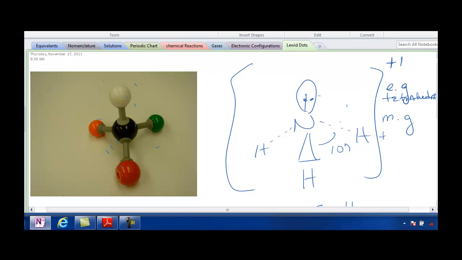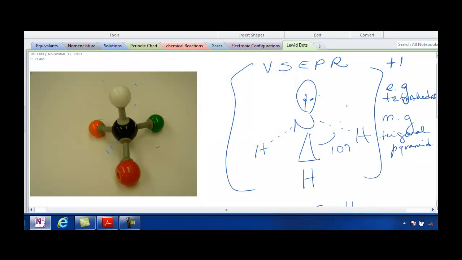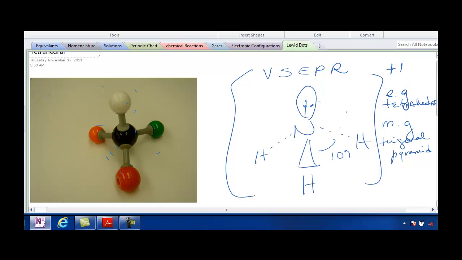Molecular geometry is trigonal pyramid. So what I am doing is using valence shell electron pair repulsion theory, VSEPR, to predict the electronic and the molecular geometry.